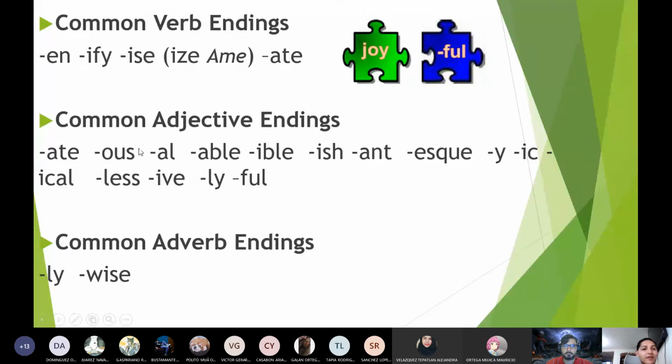Now, regarding adjective endings, here you have a couple of different endings: gorgeous, practical, responsible, Irish, foolish, giant or grotesque, empathetic or logical, selfishness, useless, creative, silly, or forgetful.